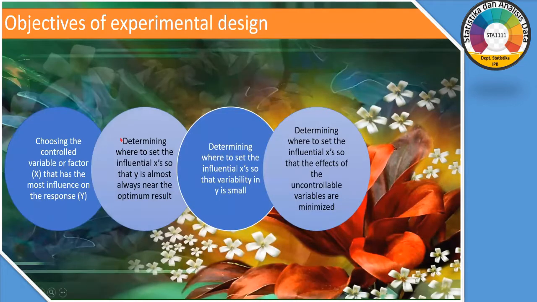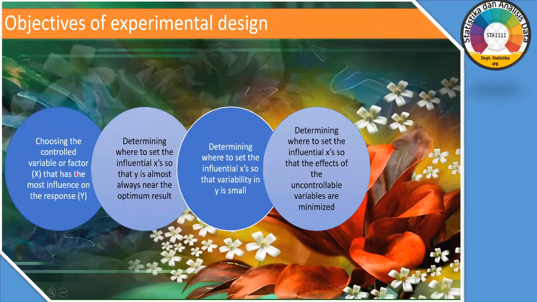The second one is determining where to set the influential control factor, so that the Y, that is the response, is almost always near the optimum. It means it is to determine the optimum setting. Not only selecting the control factors, but also we can determine the optimum setting of the control factor.